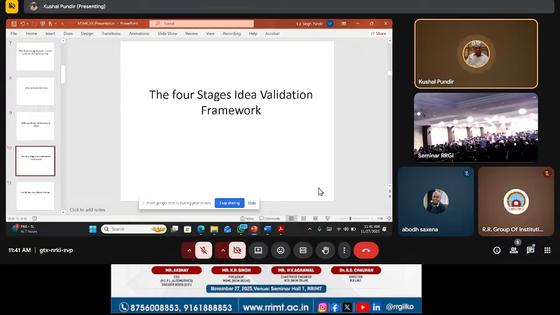Then we have financial validation: will the product you are manufacturing be profitable? Will you be able to get some revenue out of it?